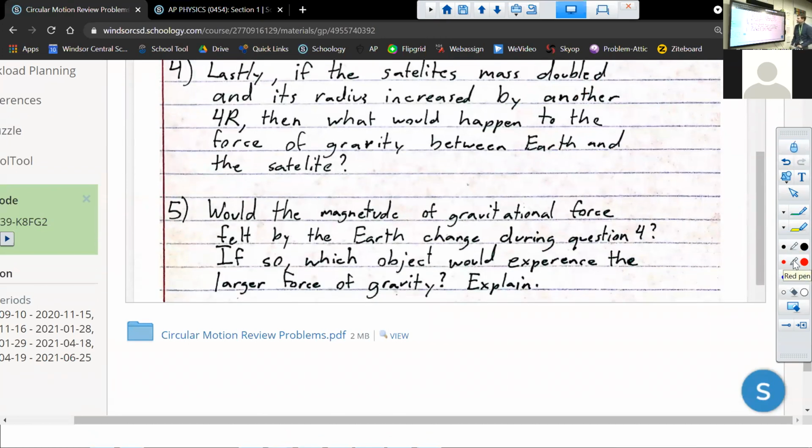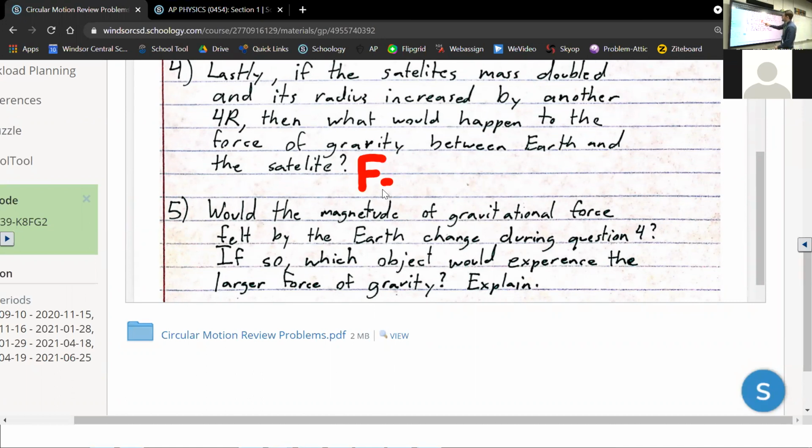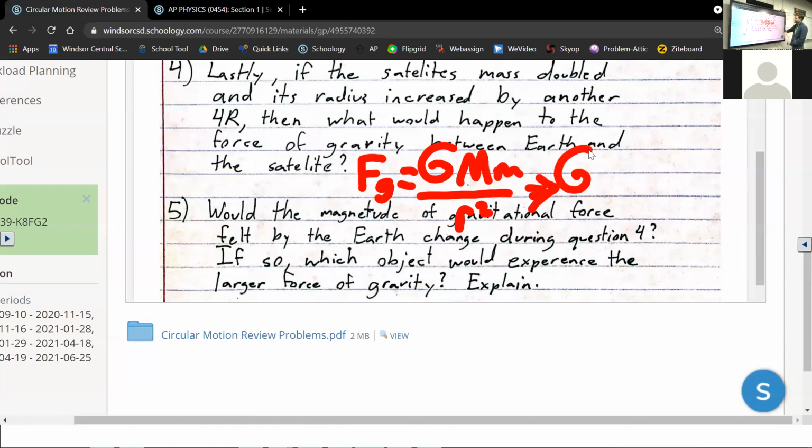And lastly, if the satellite's mass doubled and its radius increased by another 4r, then what would happen to the force of gravity between the Earth and the satellite? So you set up the big gravity equation, G M m over r squared. Now you're going to adjust everything. G stays the same.